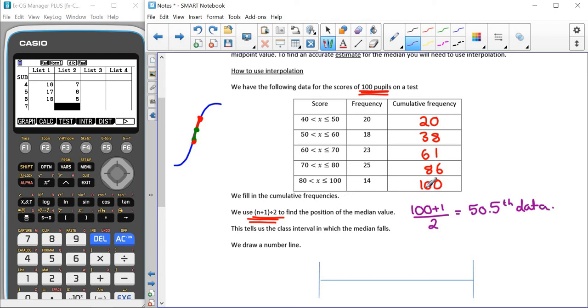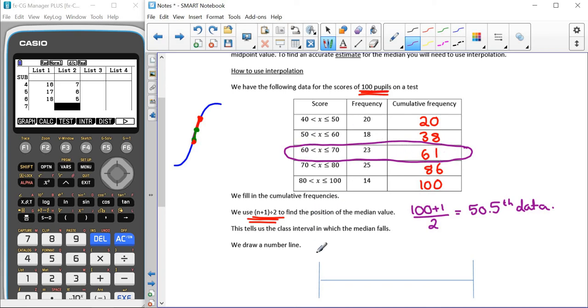So if I look down my cumulative frequencies, I only get up to 20 pieces of data by the end of the first group, 38 pieces of data by the end of the second group. However, I'm up to 61 by the end of the third group, which is too far, which means somewhere in this third interval I am going to find my median.